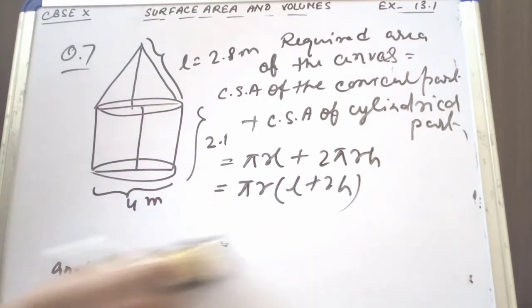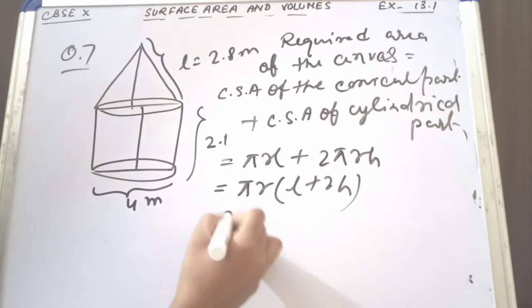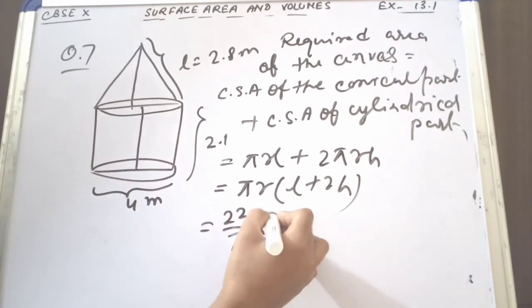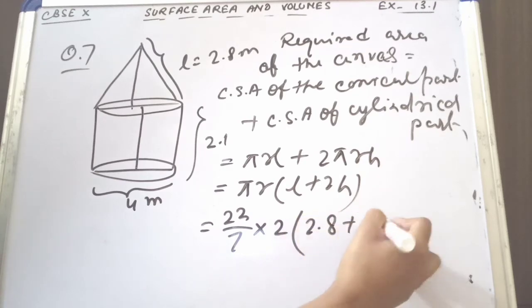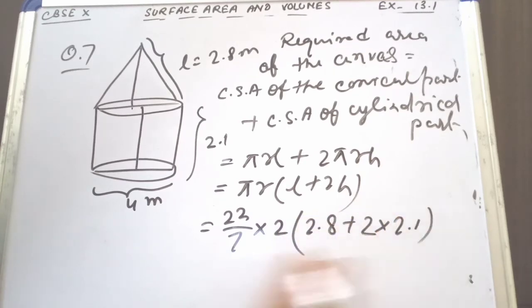Now put the value. Pi means 22 upon 7, R means 2, L means 2.8, 2 into height means 4.2.